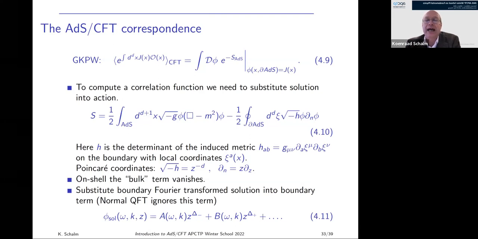And in very simple natural Poincare coordinates, where the boundary coordinates x are the same as the bulk coordinates x, and the boundary coordinate t is the same as the bulk coordinate t, then you get that the square root of this induced metric is z to the minus d, and the derivative in the direction normal to the boundary is just z dz.